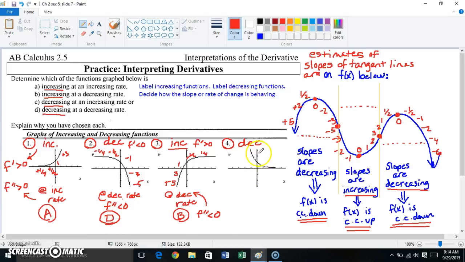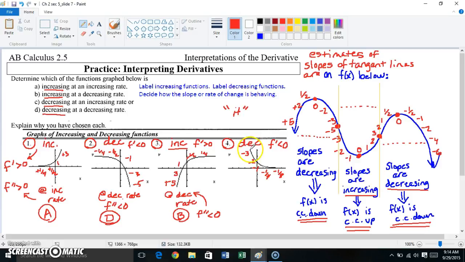Last one is obviously C, but let's check it out. So we know the function is decreasing. I should never use the word it. I don't know what it is. So let's always refer to things specifically. So I'm talking about f of x is decreasing. F prime is less than 0. So maybe negative 3, negative 2, negative 1, negative a fourth, negative an eighth.